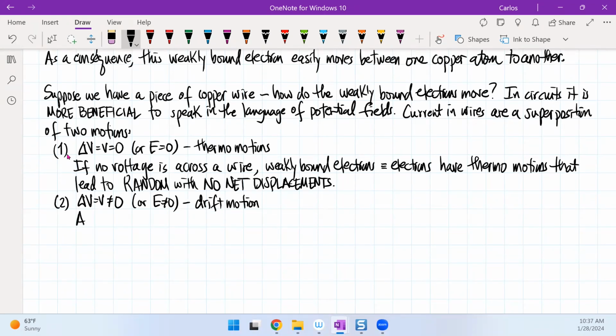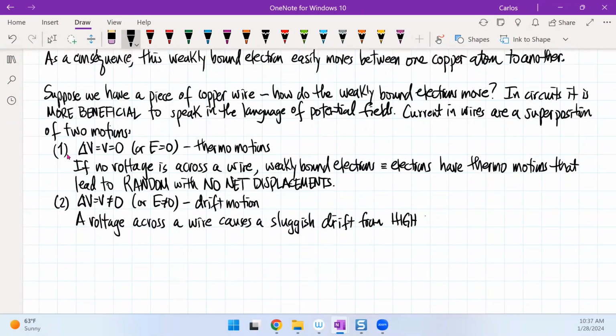A voltage across a wire causes a sluggish drift from high to low potential.